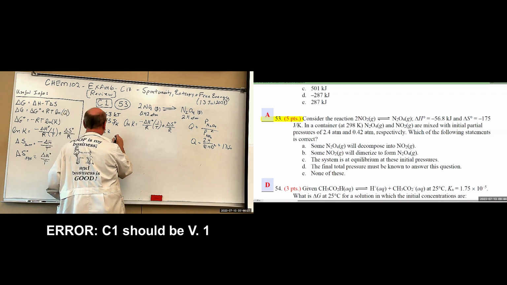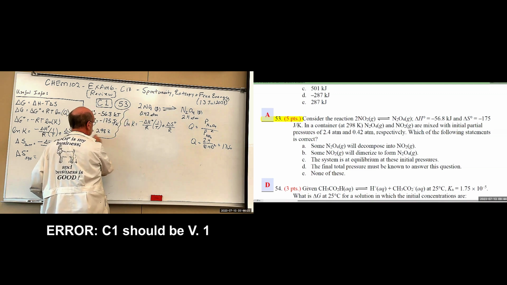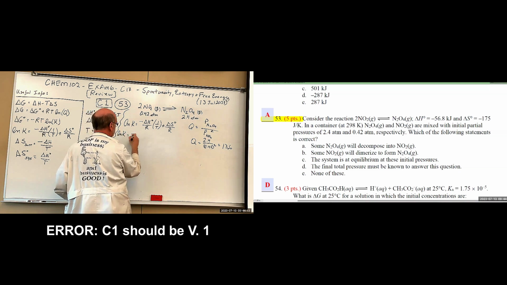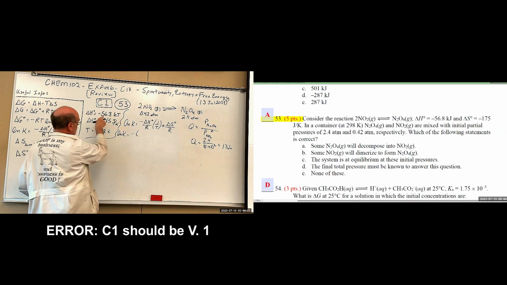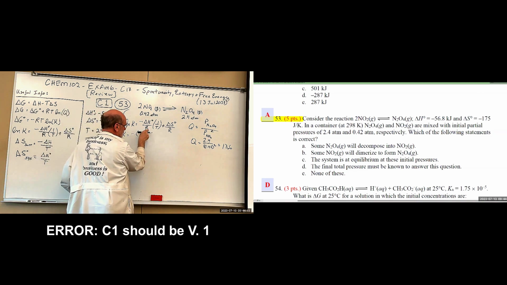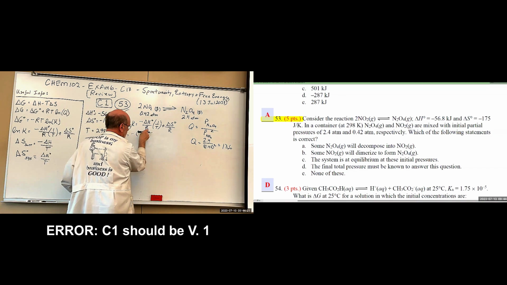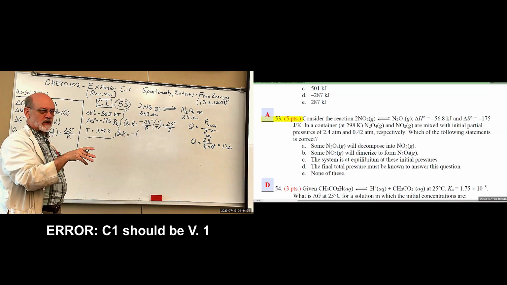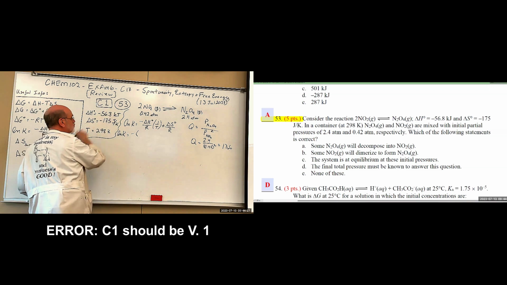So let's do this. Log K then would be negative, and R is 8.3145 joules per mole K. So this needs to be in joules.